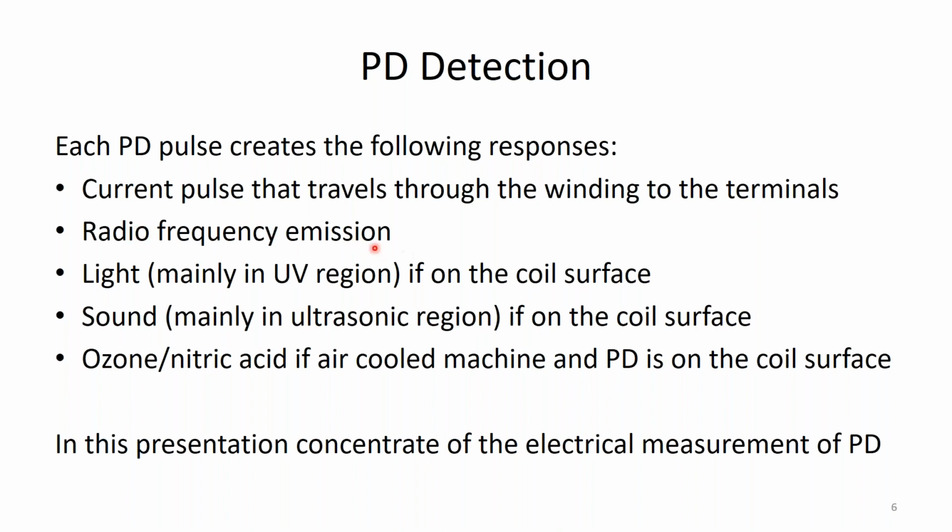And this is also the fundamentals for EMI monitoring, if we have a chance to get into that a little bit later. It also gives off light, mainly in the ultraviolet region, but of course you can only see it if it's on the surface of the coil and the machine is open. It also creates, just like lightning, sound, acoustic energy, mainly in the ultrasonic region, about 40 kilohertz or so. Again, we'll only detect it if it's on the coil surface.